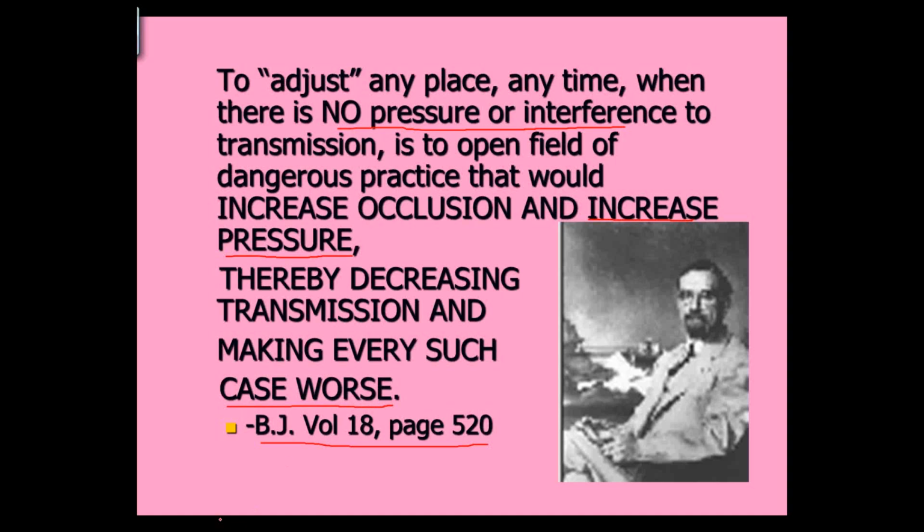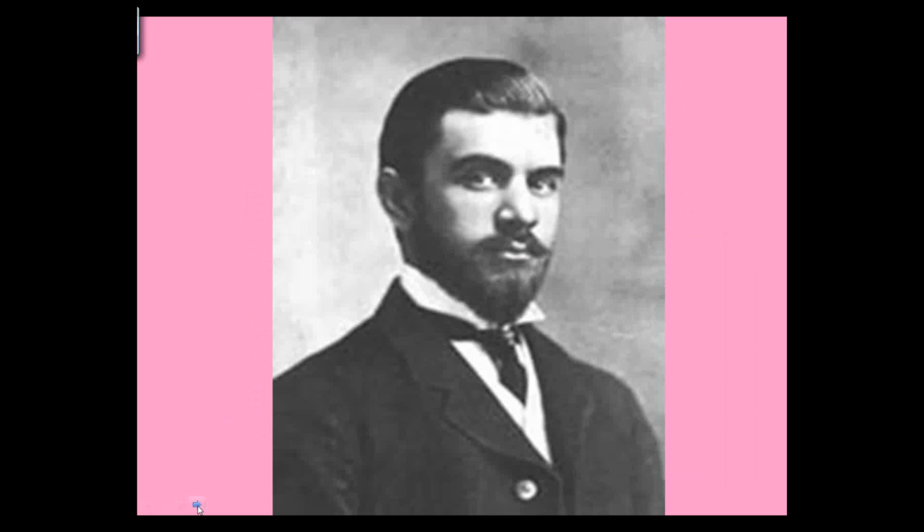So when B.J. developed the upper cervical care, he was moving us past this position of just adjusting to feel better or adjusting to change symptoms, to actually see when there's interference to transmission, make a correction, allow the nerve system to flow uninterfered with, and monitor to make sure that the patient was continuing to do better, realizing that the power within the body is that which heals the body and not the adjustment itself.